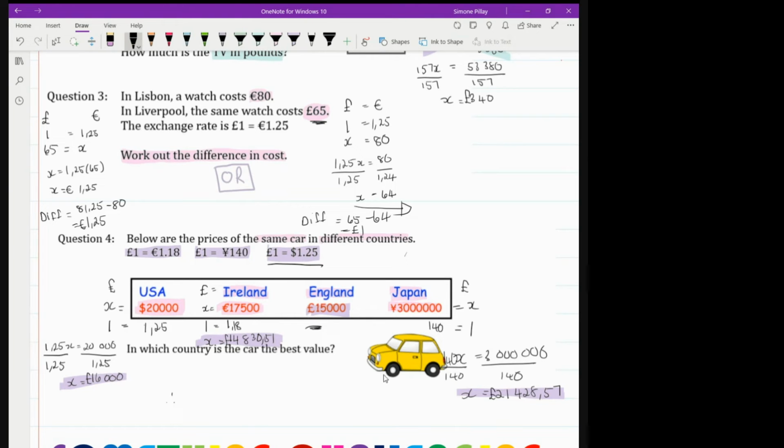Why did we conclude that? Because we've converted every single one of them to pounds. From all of these pound values, I can see that in Ireland, the car only costs 14,830 pounds, whereas in every other country, it's way more than that. So Ireland is the one with the best value.